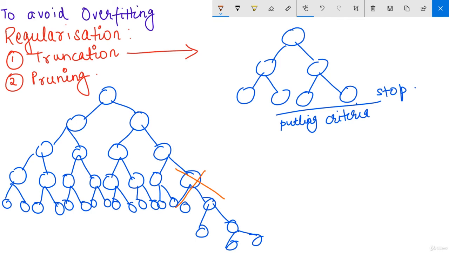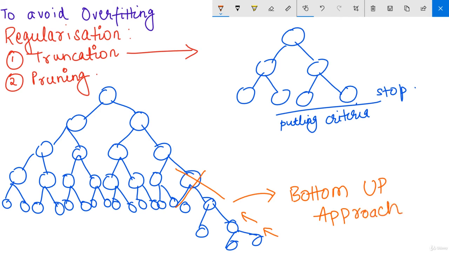We'll start looking from the bottom, and we'll see, okay, from here up to here, this is not required. This is what we do under pruning, and this is also known as the bottom-up approach. You can remember it as bottoms up in any party.